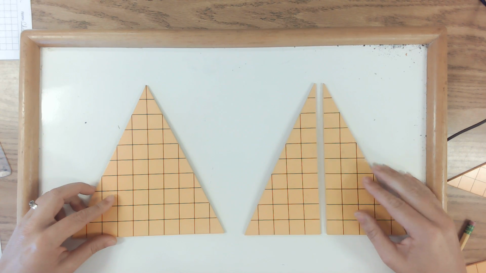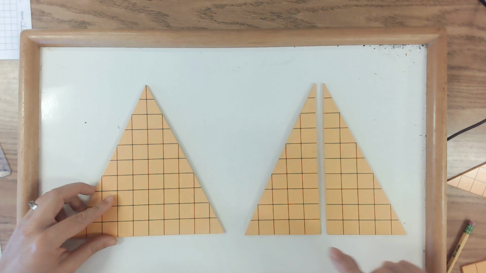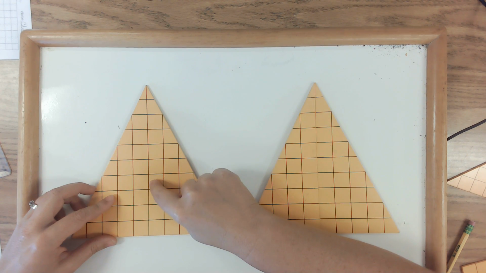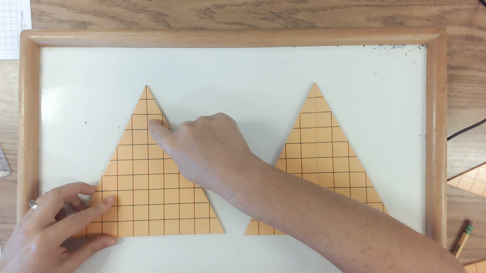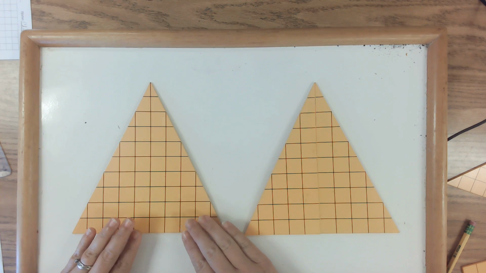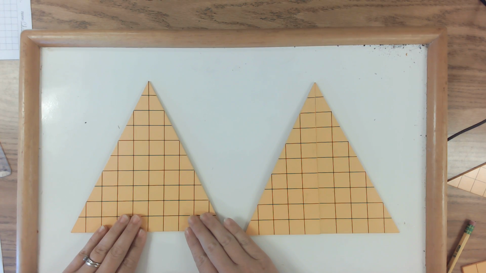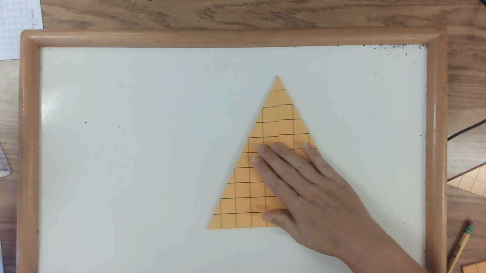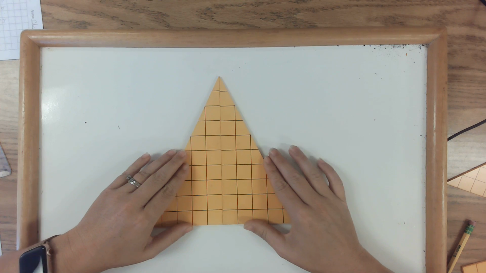It looks like that. This is the height right here. I can see that my height is 1, 2, 3, 4, 5, 6, 7, 8, 9, and 10. Well, 10 times 10 is 100, and that seems like a lot of squares to me. So let's see what happens if we try to transform this triangle into a rectangle.